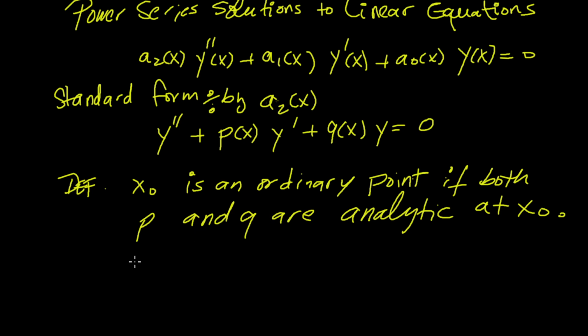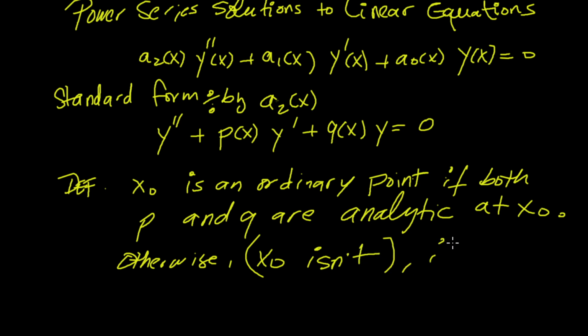So what if they are not? Then otherwise, maybe a quicker way to abbreviate this. Otherwise x naught, in the case where x naught isn't, we will say it is a singular point of the equation.